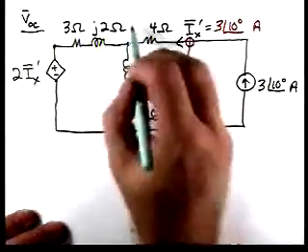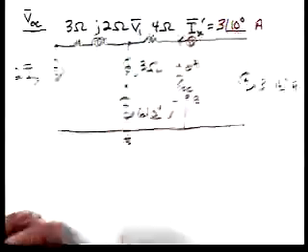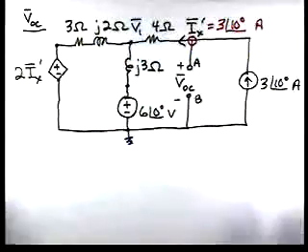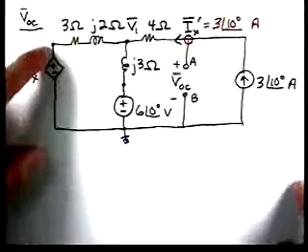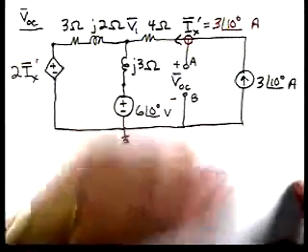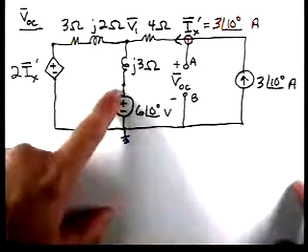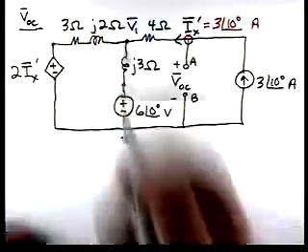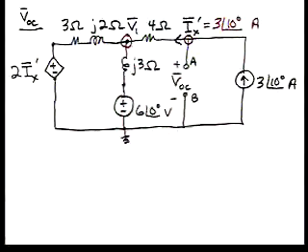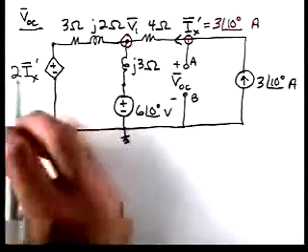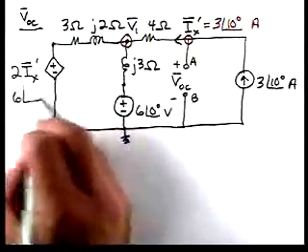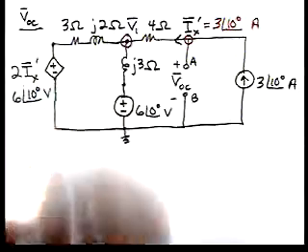We really only have one unknown node voltage, V1 at the top, because this node voltage is known. We know that current, and this node voltage is known. So we just need to apply KCL. For instance, this voltage here is 6 at an angle of 10 degrees.